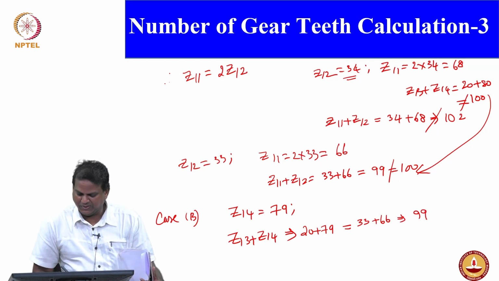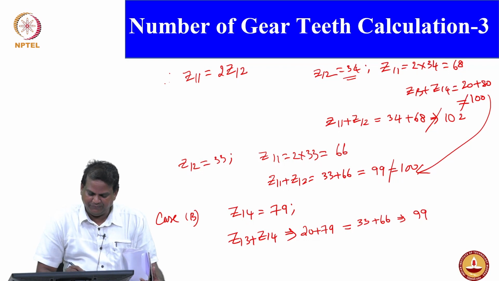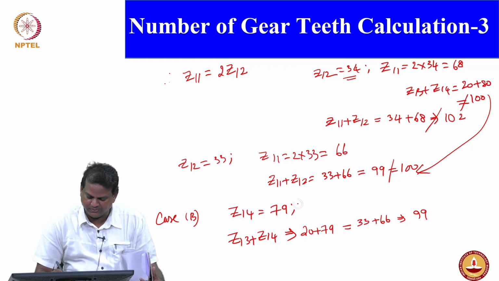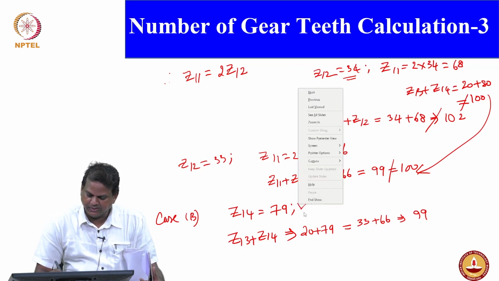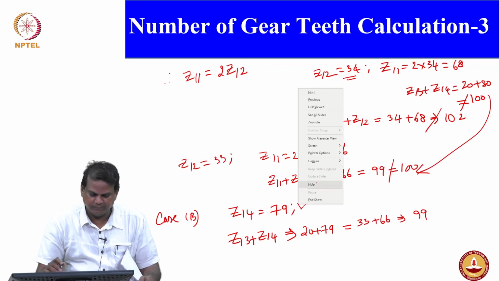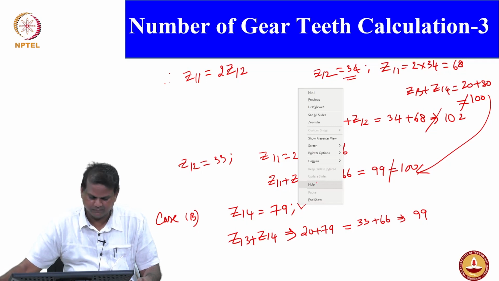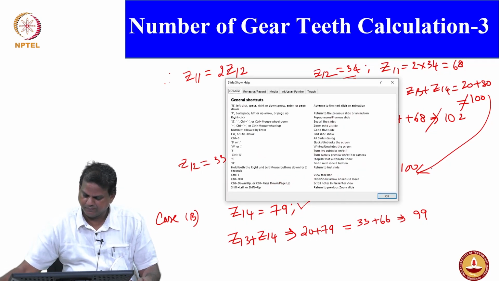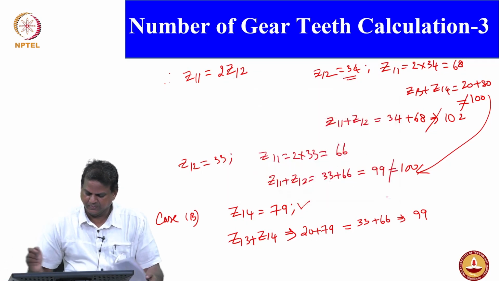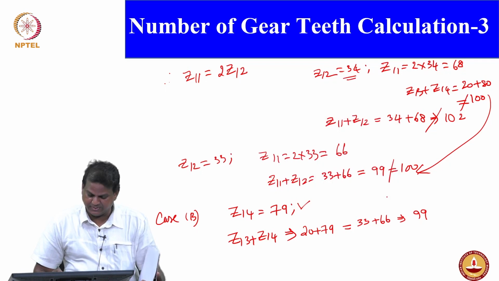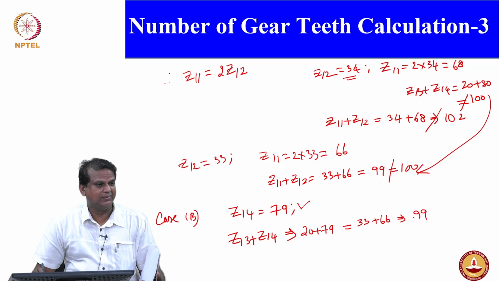You can clearly see that if you choose Z14 as 79, then you are able to satisfy and maintain the center distance as constant for all 4 gears.